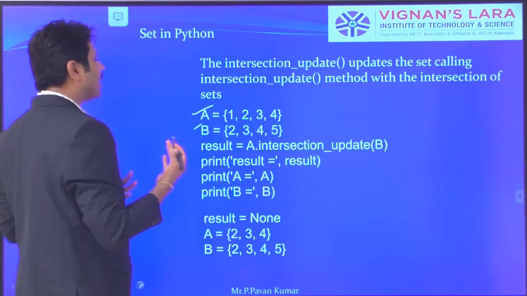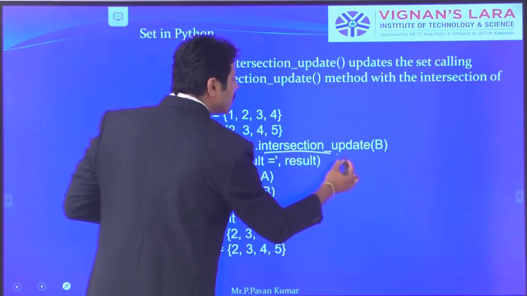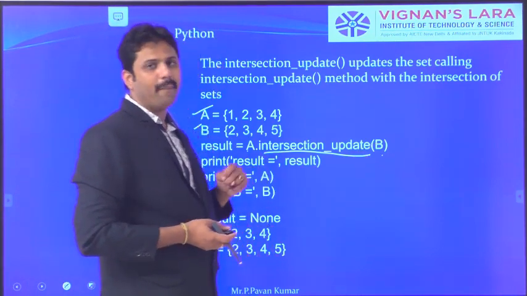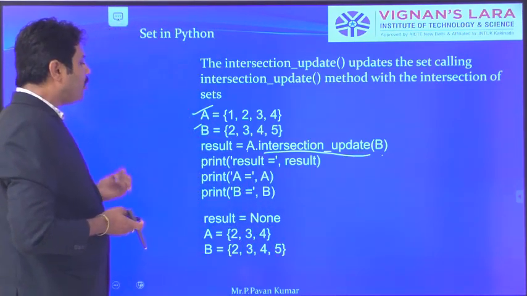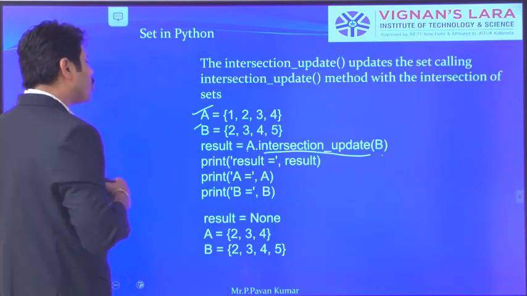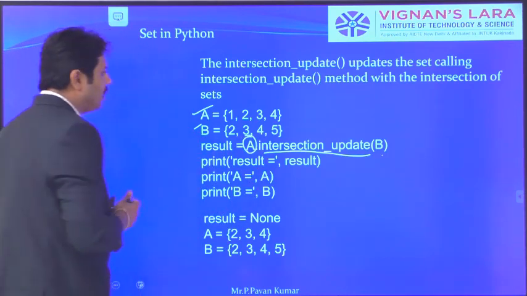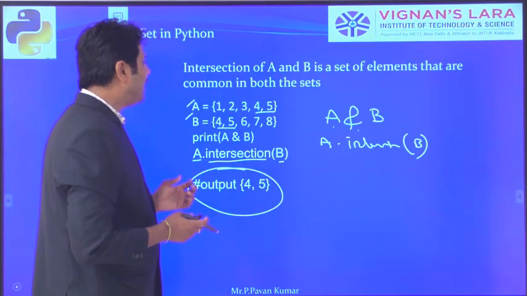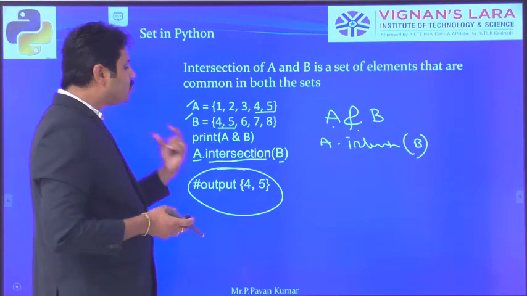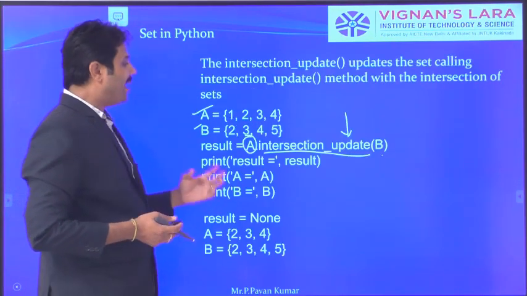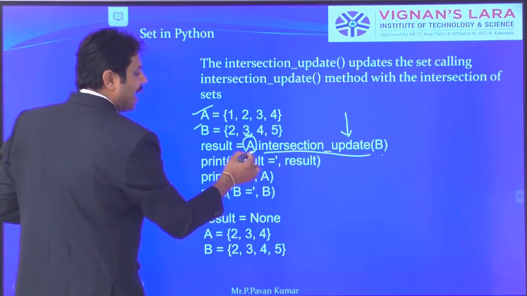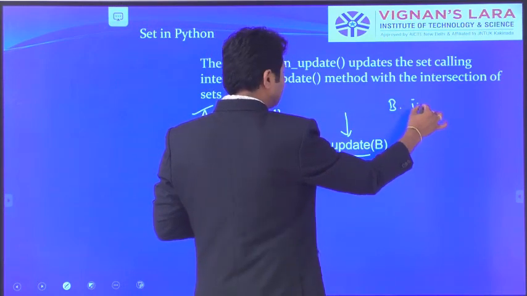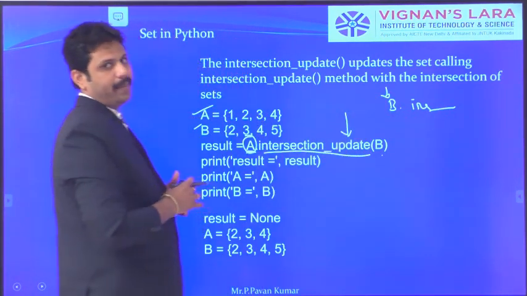You have to write directly A dot intersection update of B. If you write like this, A is going to be updated. The method name itself contains update. So previously A and B were not changed, and a new set was created as your output. But here the set A is going to be updated. If you write B dot intersection update, B is going to be updated.